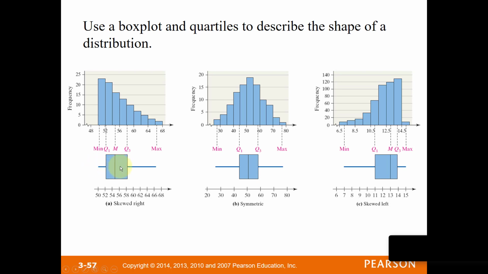Notice how it's stretched out further to the right, and that's why we get skewedness to the right here. Here, the distance from the median to the end of the whisker is about the same, so we have a symmetric diagram. Here, the distance from the median to the bottom whisker is much more stretched out than it is to the right. Therefore, we have skewedness.